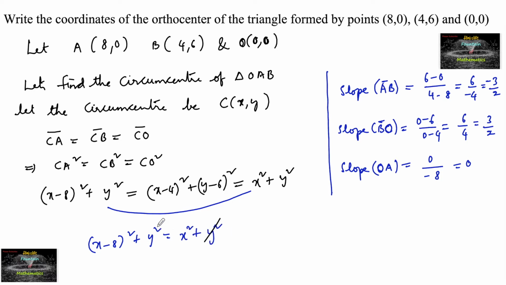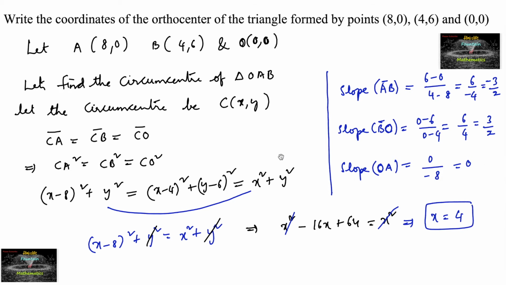Here y square gets cancelled, and on simplifying, x square minus 16x plus 64 is equal to x square. Again we can cancel x square, and we have 16x is equal to 64, or x is equal to 4. So we got the x coordinate is 4.